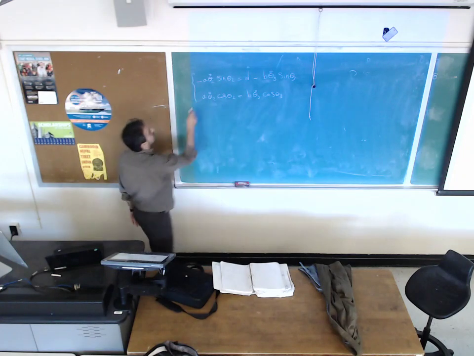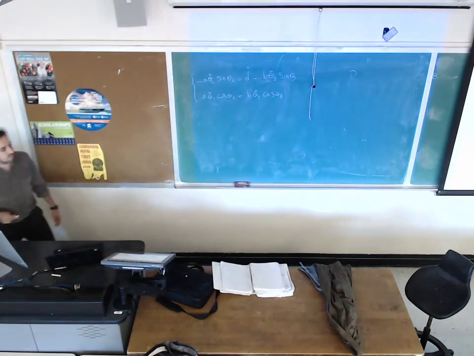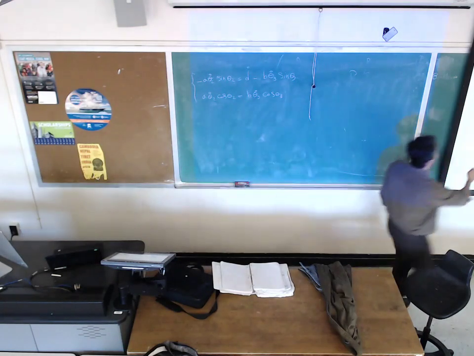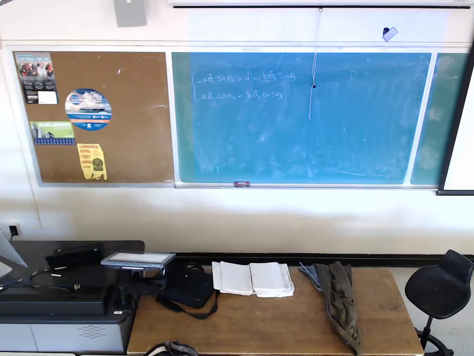So these are two velocity equations that we derived in velocity analysis. If we differentiate them, we are going to get the acceleration. Again, I'm going to repeat how we can differentiate.